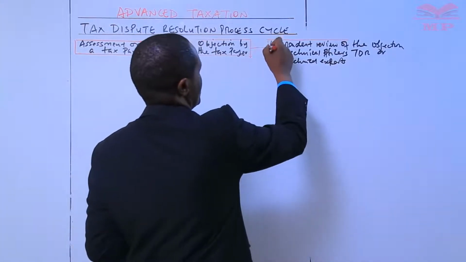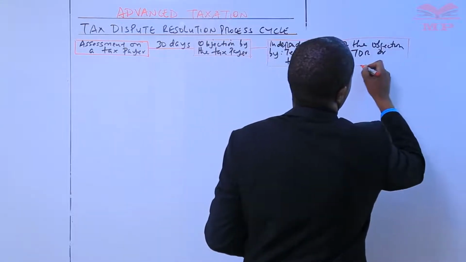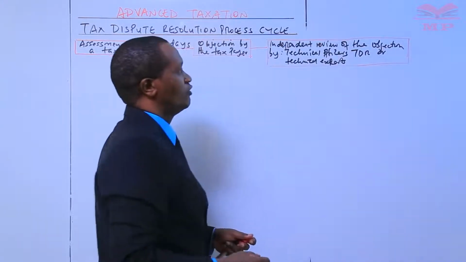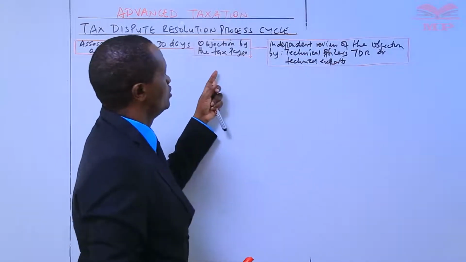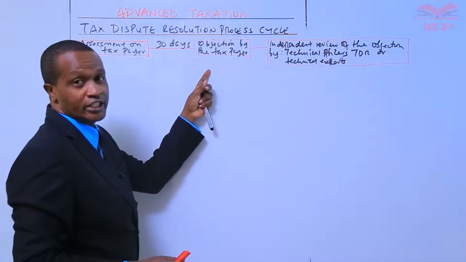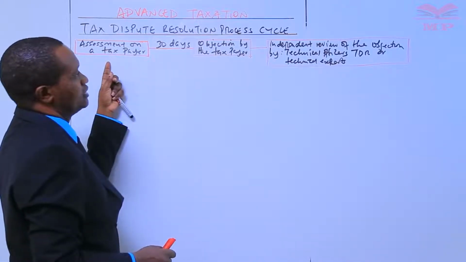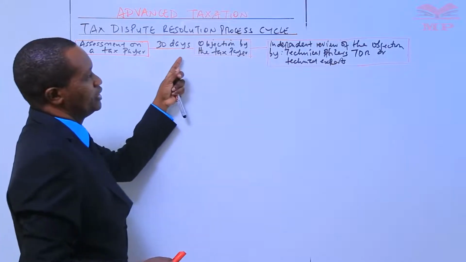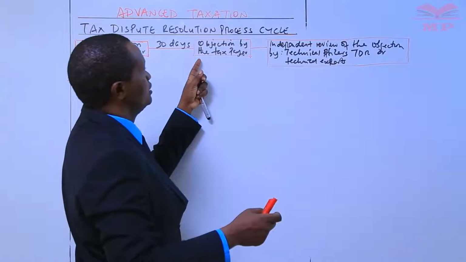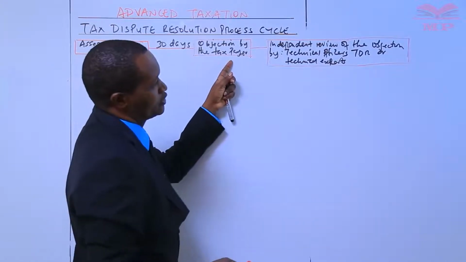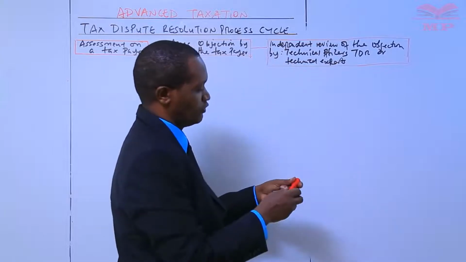And you recall in our last lesson, we said that these experts are independent of the officers who generated the assessment that ended up into an objection. They ended up being disputed by the taxpayer. So this is an independent review of the objection.